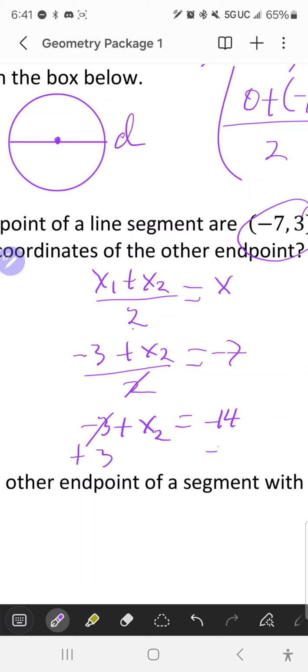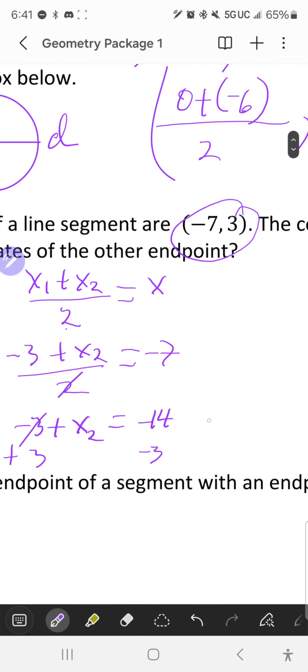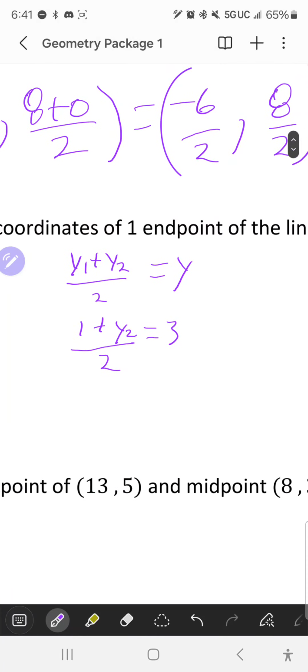And we get that x2 is equal to -14 plus 3. They have different signs, so we keep the sign of the greater number, which in this case is 14, so our result is negative. 14 minus 3 is 11, so x2 is equal to -11.